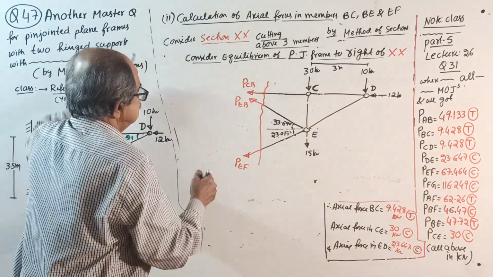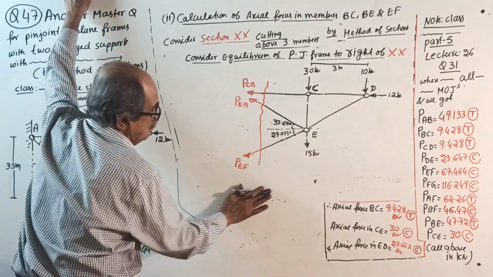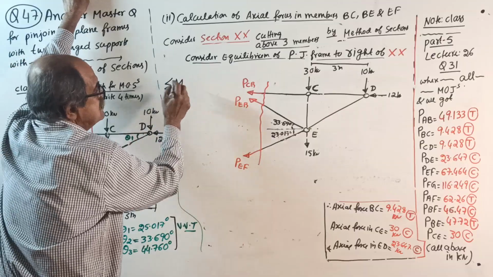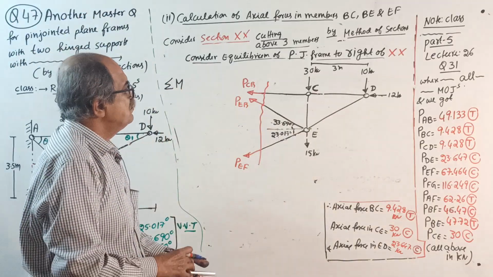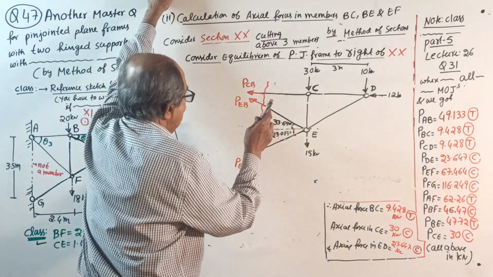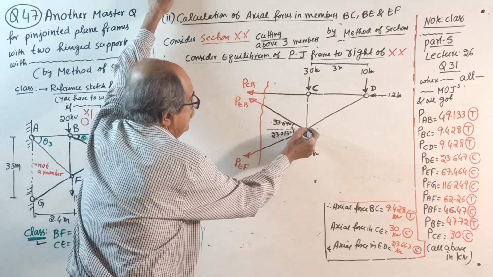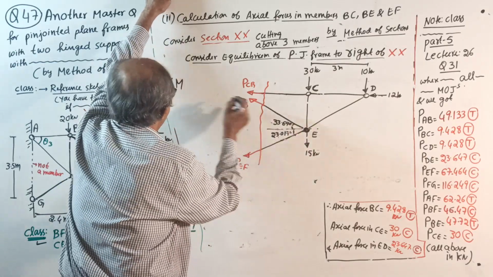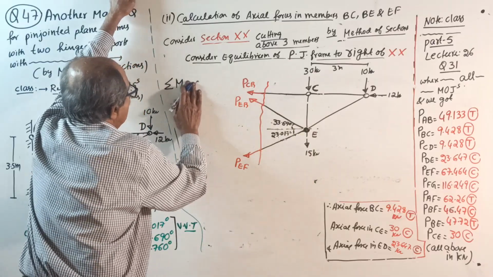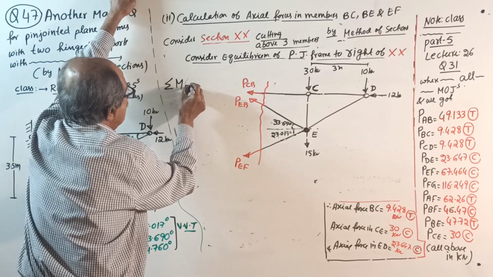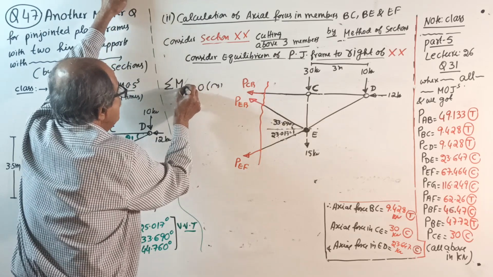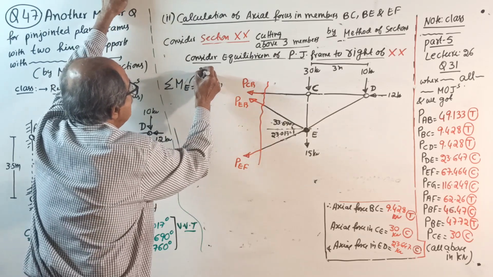Space problem is there now. Sigma M about which point? Take moment about the point where two unknowns are meeting. P EF and P EB are meeting at E. So sigma M about E equal to 0, take clockwise positive. Write why you took moment about E.